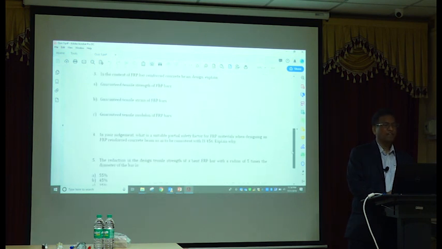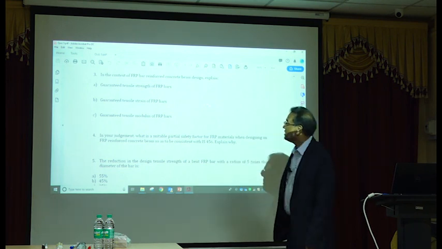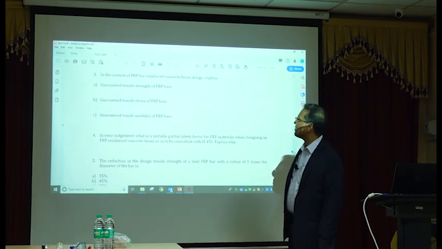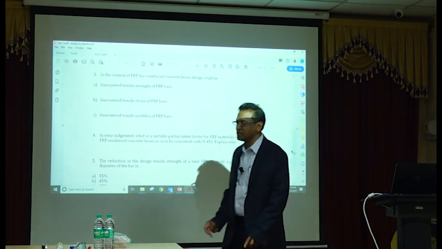In the context of FRP reinforced concrete beam design, explain what is guaranteed tensile strength of FRP bars. Guaranteed tensile strength.